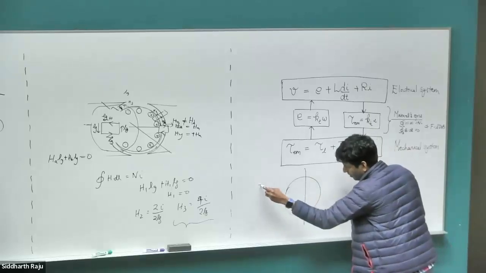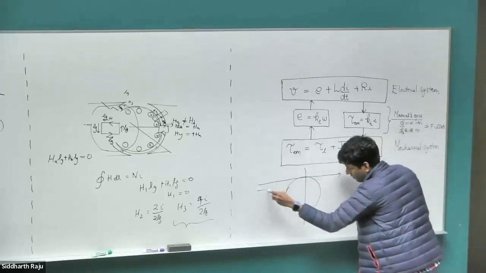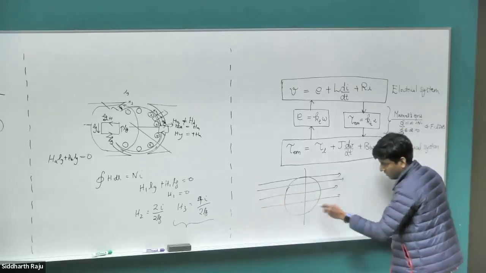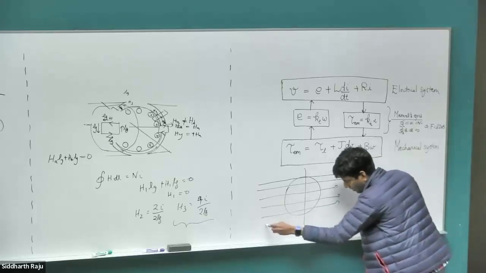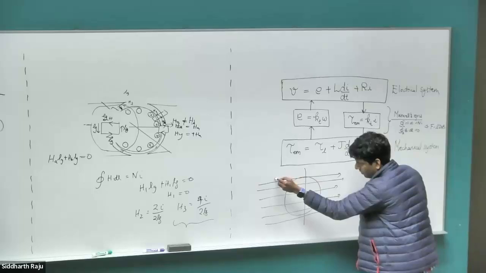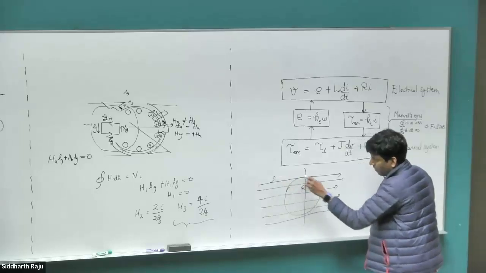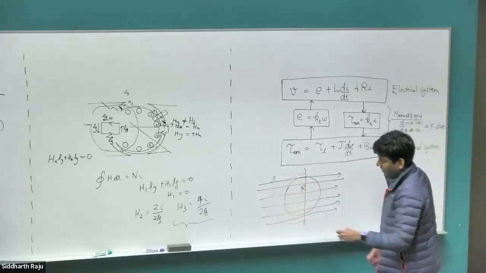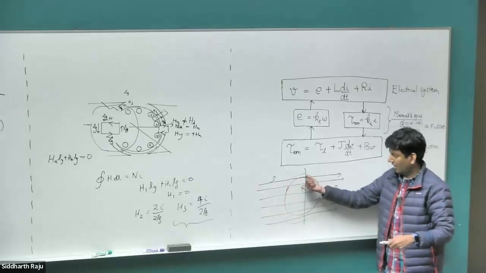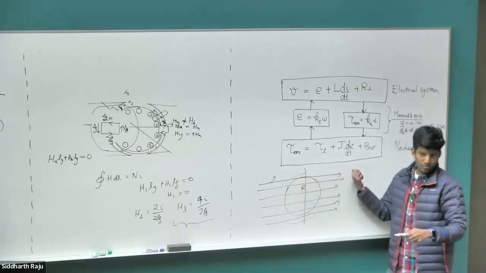If I have my north, let's just take a planar field. Let's not worry about the fact that these are not 90-degree, which it will be. Just for simplicity, let me draw them as straight lines. So if you look at this surface, this is the stator, this is the rotor. Everywhere on the left-hand side, the field lines are coming from the stator to the rotor. And everywhere on the right-hand side, right after 90 degree, it's going from the rotor to the stator.